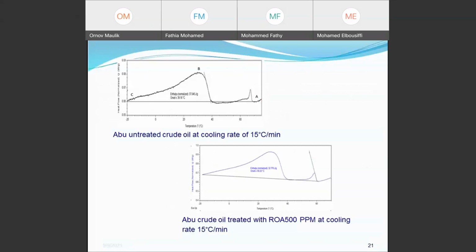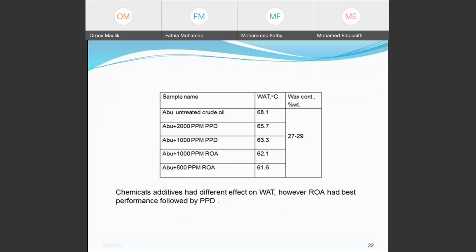This diagram shows the heat flow curves during the measurement. The first peak appeared when the first crystals formed while cooling. This table shows chemical additives had different effects on the wax appearance temperature.